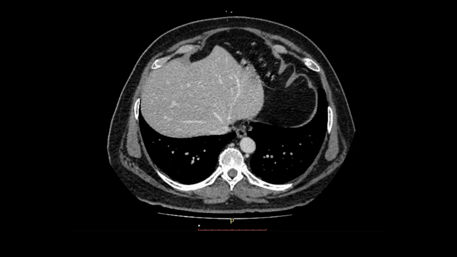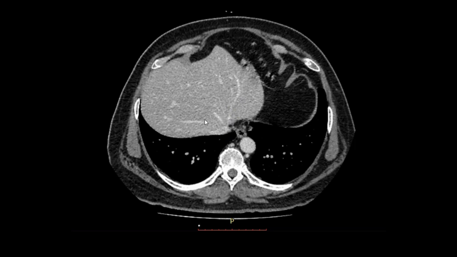Okay, so as we have already discussed, the liver is divided in the Couinaud classification based on the hepatic veins and the portal vein. In the CT scan, the most important phase for segmental anatomy is the venous phase.